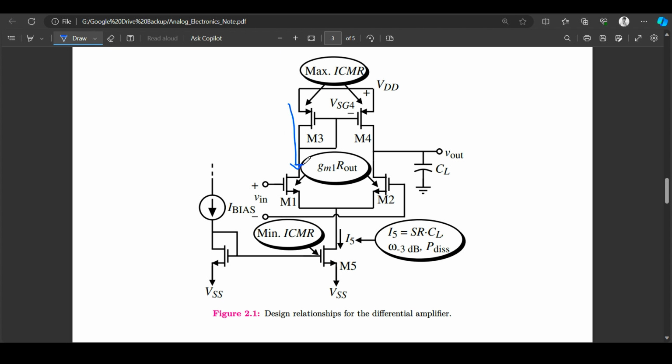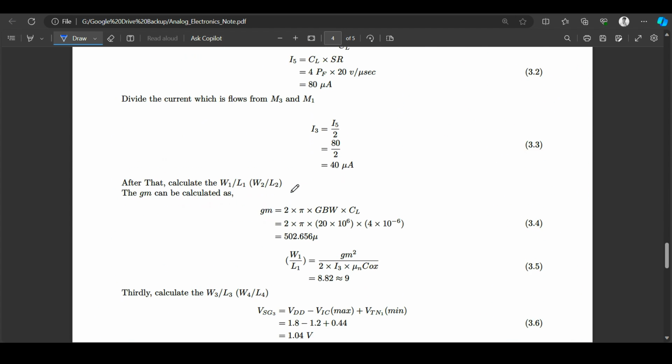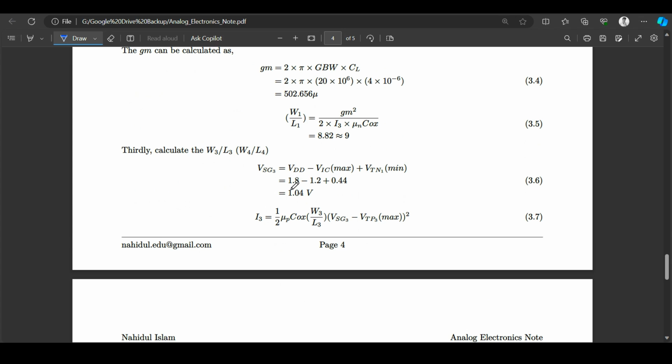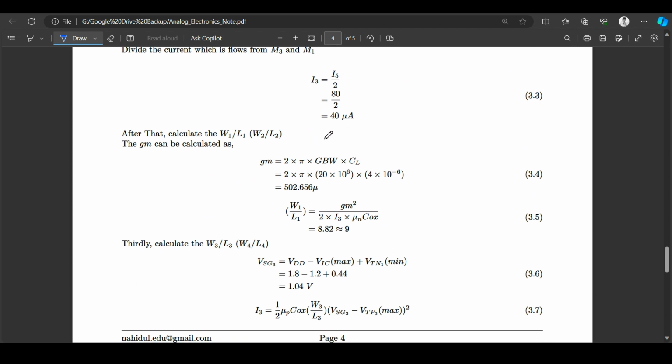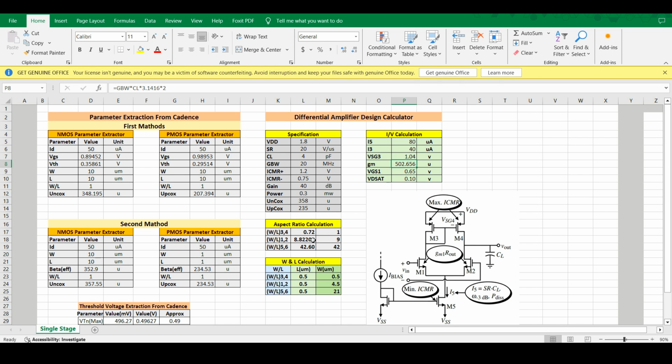Then this is basically the 40 microampere. So I know the current, I know the gm, and I know the mu n Cox. So I can easily calculate the W by L ratio of MOSFET 1 and 2. The W by L ratio for MOS 1 is basically 8.82. If I approximate it, that's basically 9.